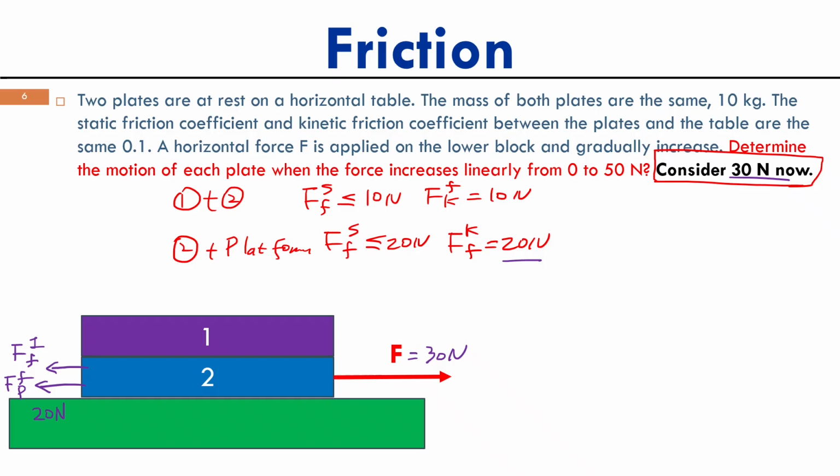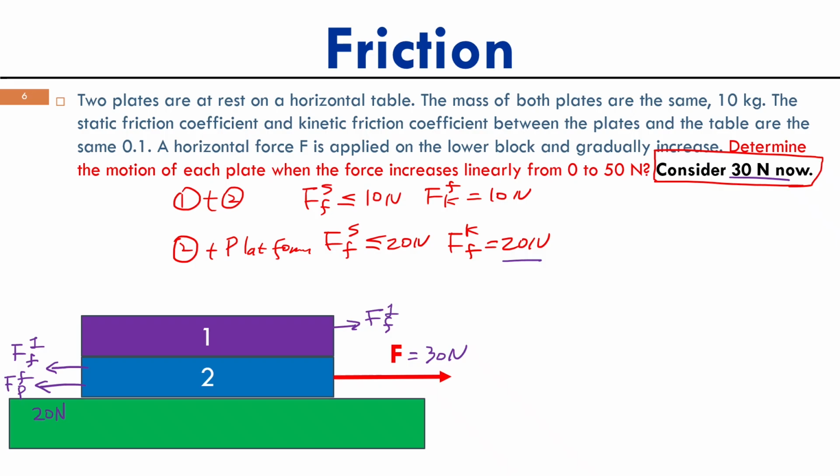So how about I apply a 10 Newton friction force? 10 plus 20 is 30, so it cancels out this 30 Newton, so everything's good. But the issue is, if block 1 is giving a friction force on 2 to the left, as a reaction, 2 is going to give the same amount of force to 1 in the opposite direction. So this is F F1.